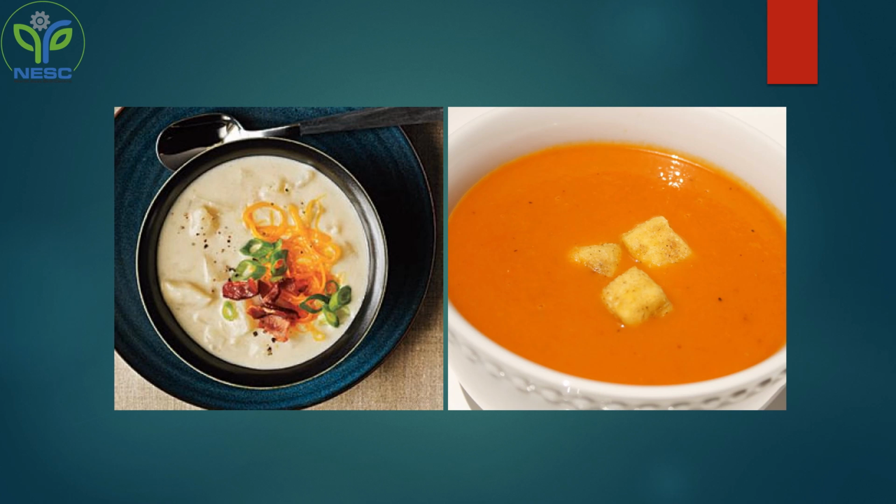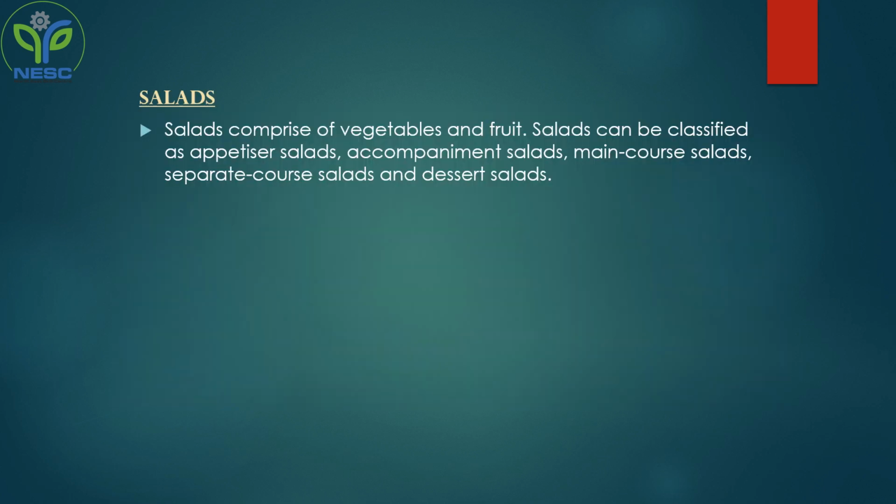Alright, so after soup it is the salads. Salads comprise of vegetables and fruits. Salads can be classified as appetizer salads. That's the salad which are used to stimulate the appetite, right?